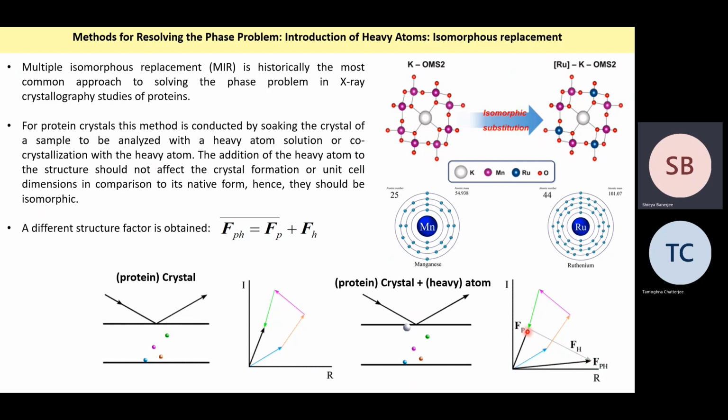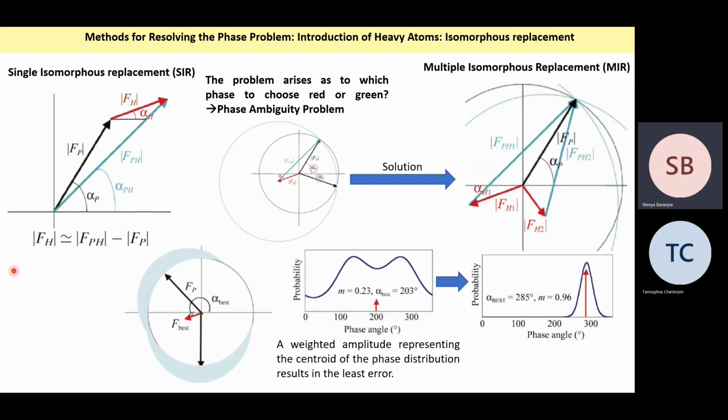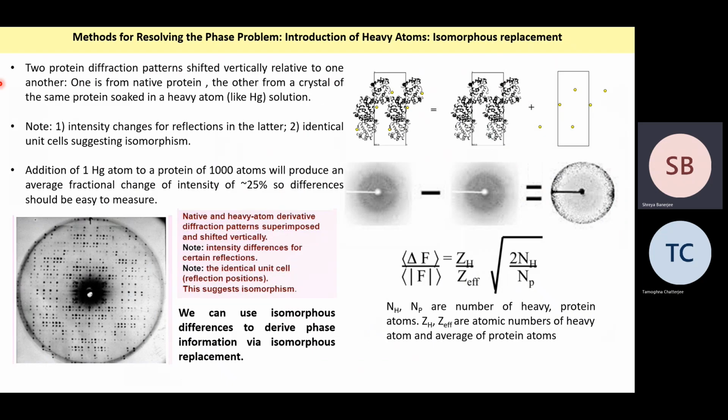So the net diffracted beam that you will observe, FPH, is the summation of FP and FH. In terms of the diffraction pattern, it will be a summation of the diffraction patterns of the protein and the heavy atom.